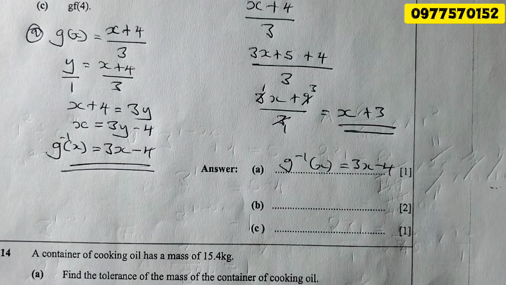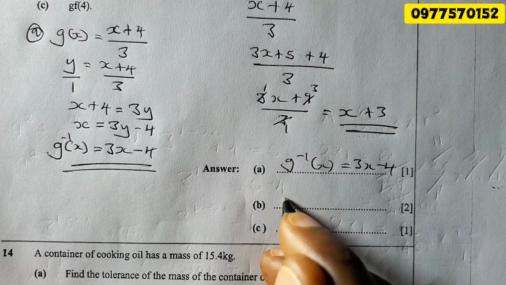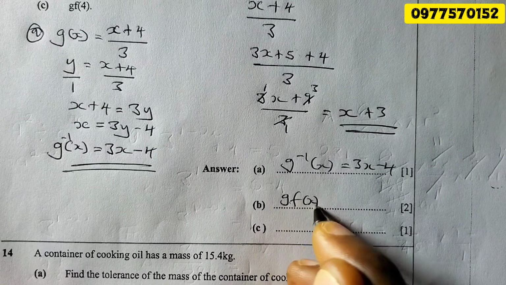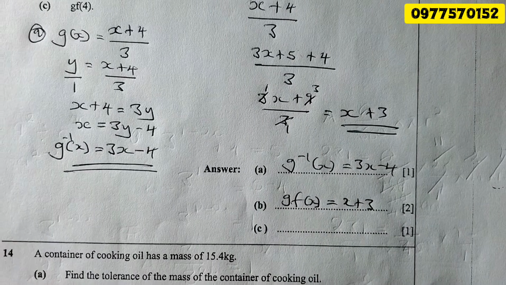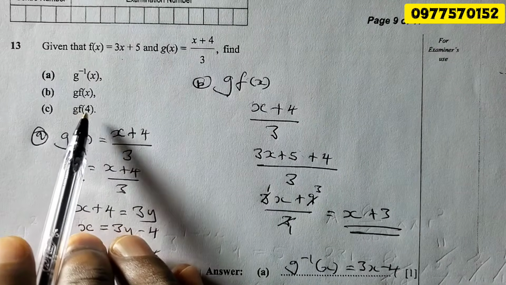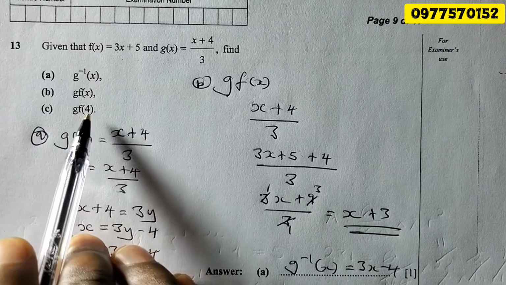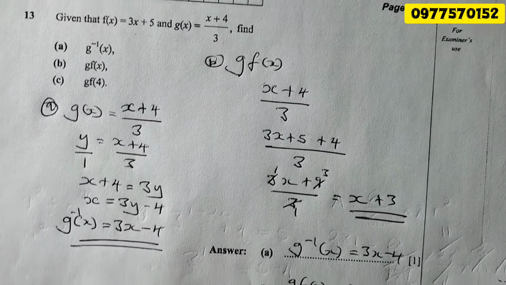So here we're going to say gf of x equals x plus 3. Then the last question here is saying, in the gf of x, substitute, where there's x, put 4. It's even a mark. This is very simple.